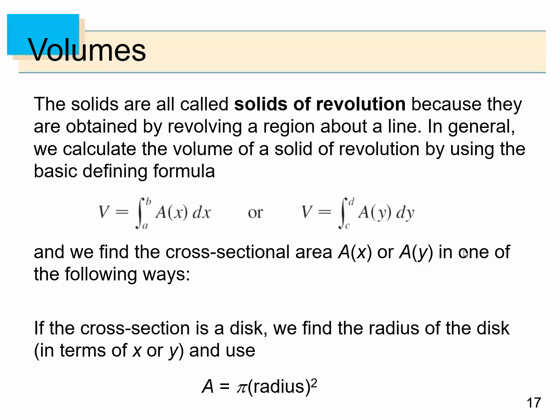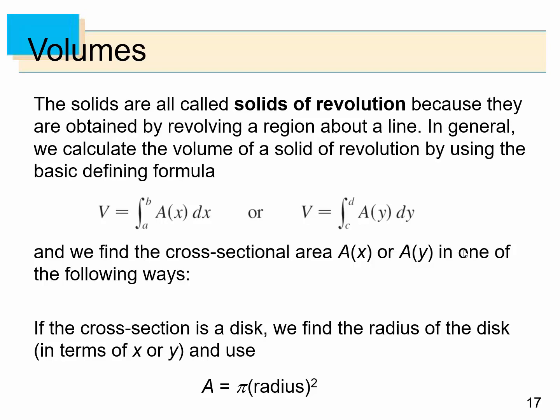So that means we were most likely revolving around the x-axis or some other horizontal line. If our cross sections are going to roam vertically up and down and we're going to have a change in y, then that means we rotated around a vertical axis like the y-axis or some other vertical line, and that's why we would find the area in terms of y. So that's the only reason why you would find it in terms of one or the other.